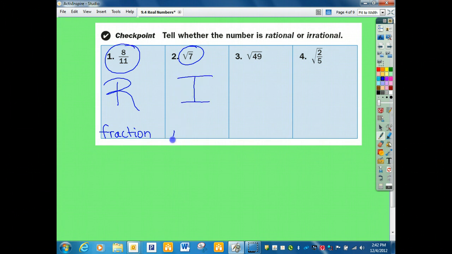Because it's not repeating or not terminating. It's not rational. Oh, poor 7. You're not perfect. It's not a perfect square. Sorry, 7. Square root of 49. It's rational. Why? Because it's perfect. Woohoo, you're perfect. 49.